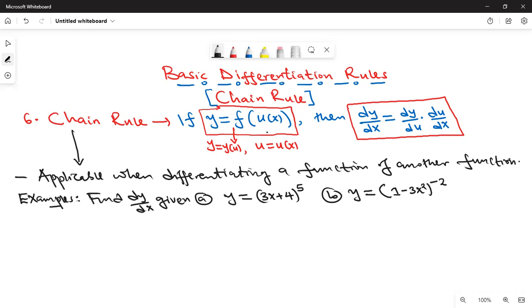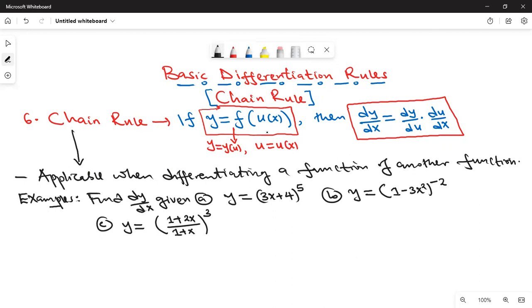And in part C, y is equal to 1 plus 2x, everything over 1 plus x, and this is cubed.